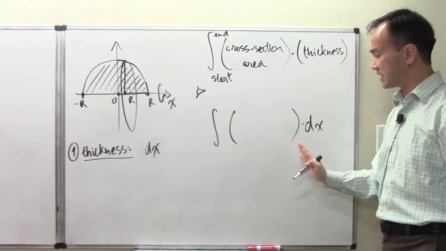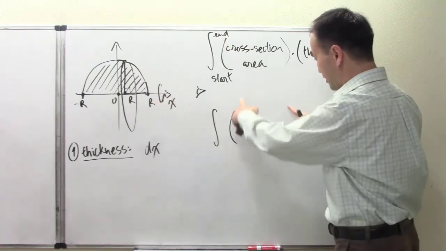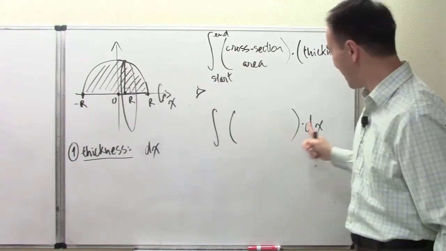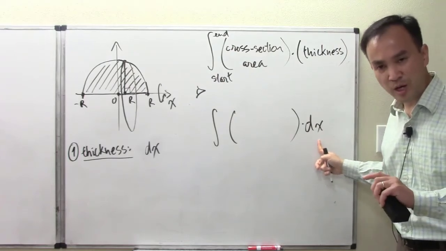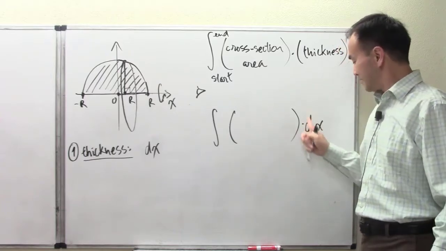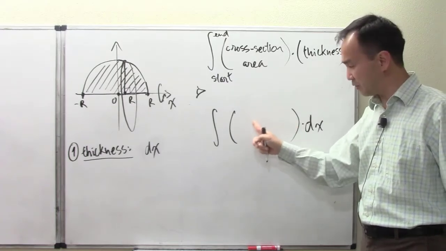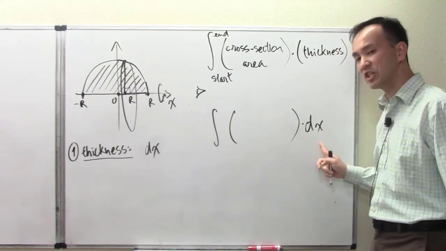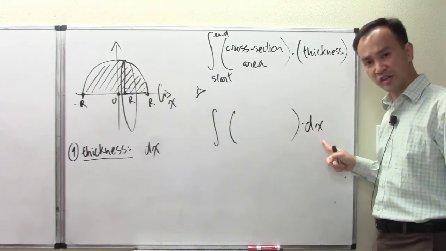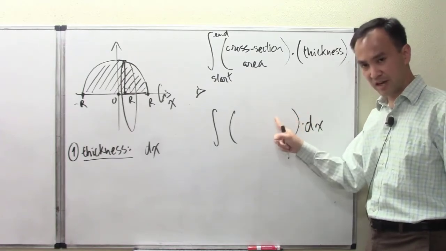That leads to concluding that the cross-section area must be a function in terms of x, because I have explained many times throughout my integral video lectures that the main variable of our function in the integral must be consistent with the variable indicated in the d expression here. So in the d expression it's a dx, so the main variable of the function has to be x.